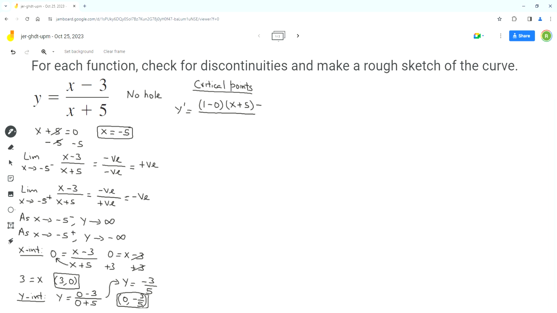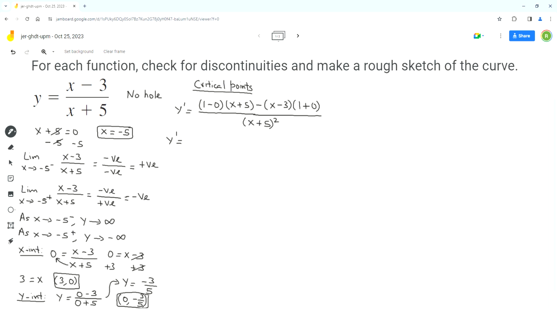and then minus the numerator expression x minus 3 times the derivative of the denominator, which will be 1 plus 0, over the square of the denominator. Now we can simplify this expression. In the numerator, 1 minus 0 is just 1.